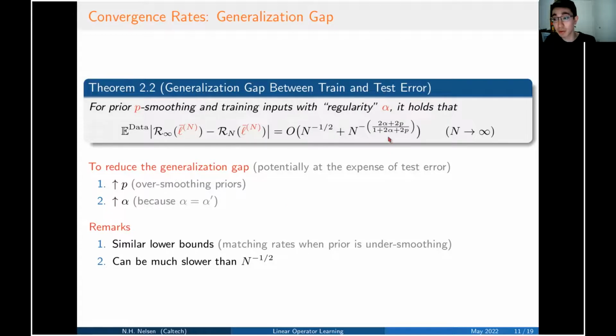But there's also a contribution from variance, which can be actually much smaller than n to the minus a half. So you can decay arbitrarily slowly if you don't choose these parameters alpha and p correctly. So I'll show this in some of the numerical results coming up.